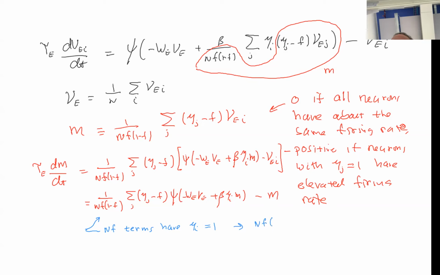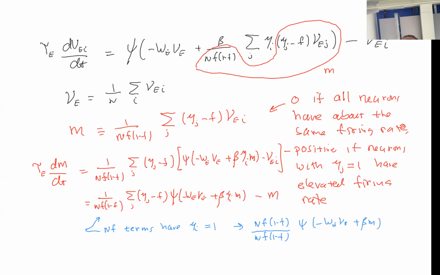And we divide this by NF 1 minus F. And because eta j is 1, we get psi of minus WE nu E plus beta M.